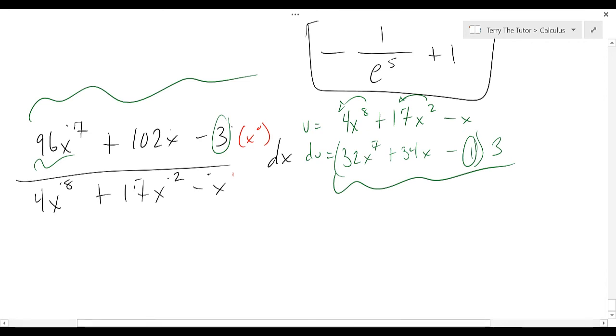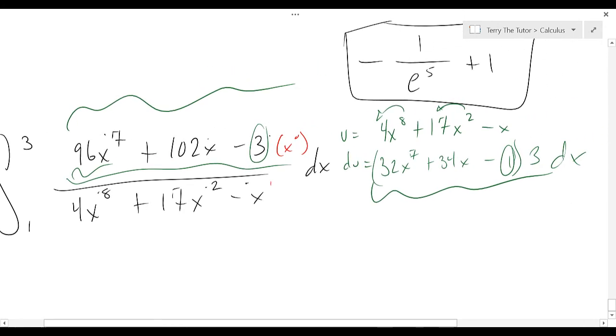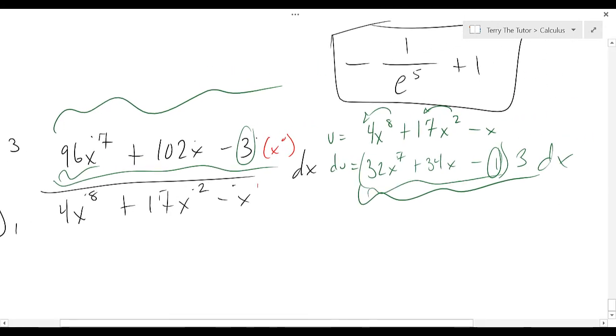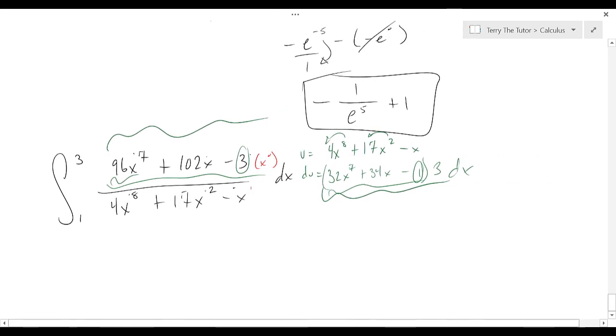So if we want to make this du, we should put a dx here. If we want to make this du, we've just got to put a 1/3. What am I doing? I am trying to make this number match up with this number.